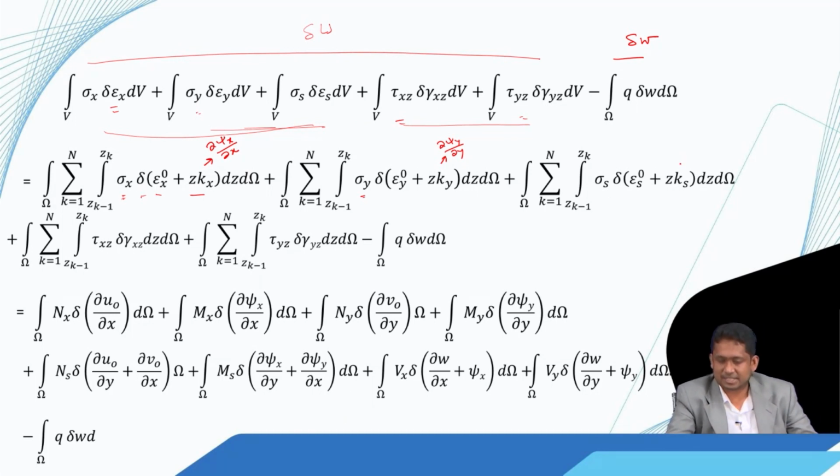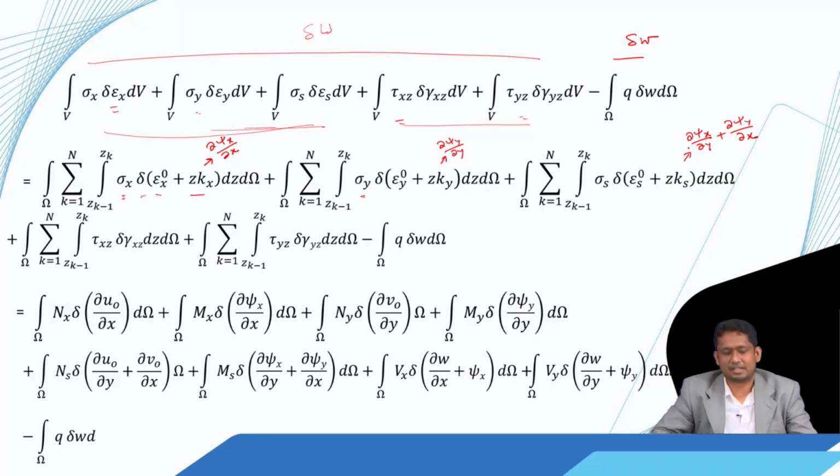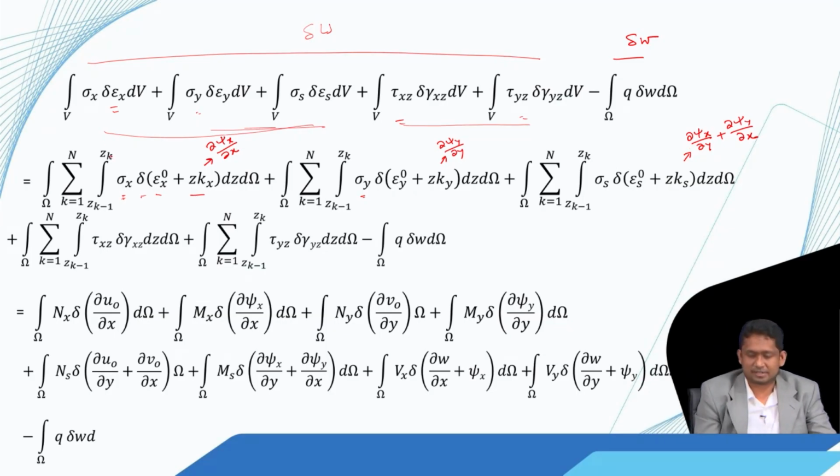In the third term we have z into kappa s, and that is del psi x by del y plus del psi y by del x. Now, in all these cases it was a volume integral, so we integrate them over the thickness and sum it up, and then finally we integrate them over the surface. That is what has been done here.